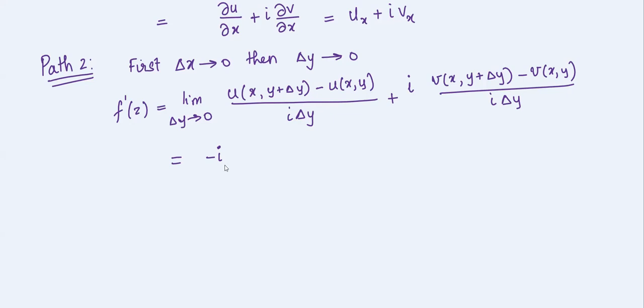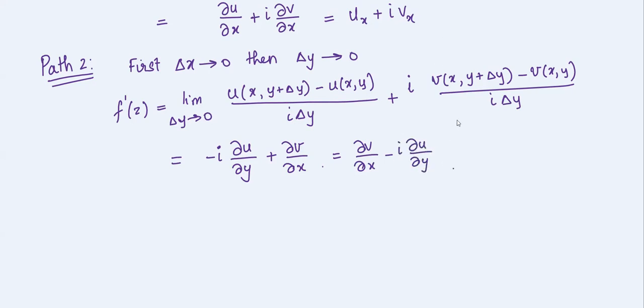And this one we get is dou u by dou y plus, I cancels, plus dou v by dou y. All right. So this is minus I dou u by dou y plus dou v by dou y.